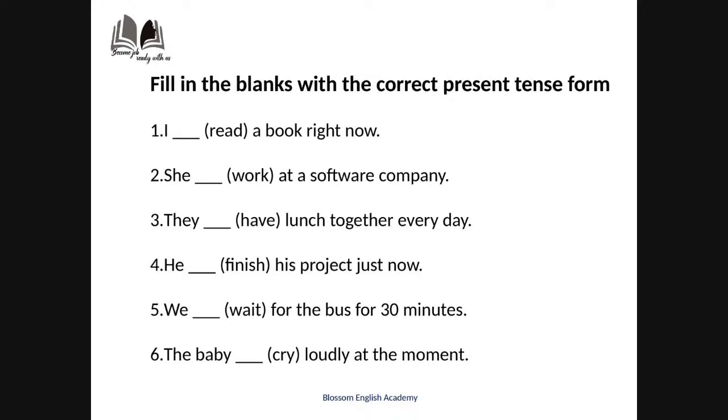If you see the first one, I, and the action over here is read a book right now. Okay, right now means the action is happening right now. Yes, in the moment. So, what do you think would be the appropriate one? Let's go through each subtype. First subtype would be your simple present tense, right?